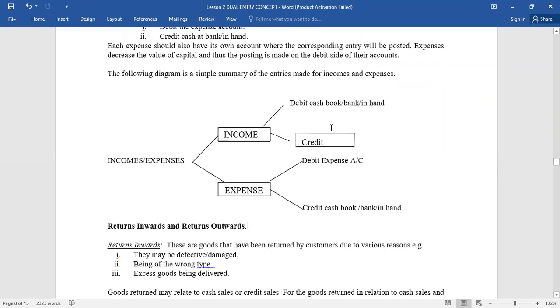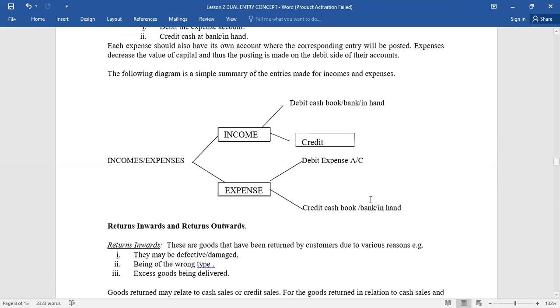So all incomes are credited. Expenses, they are debited. And because they are depleting our cash, whether in bank or at hand, we are going to credit the cash account. Any question? So far I have added 4 books. I added sales, I added purchases, I've added incomes, I've added expenses.